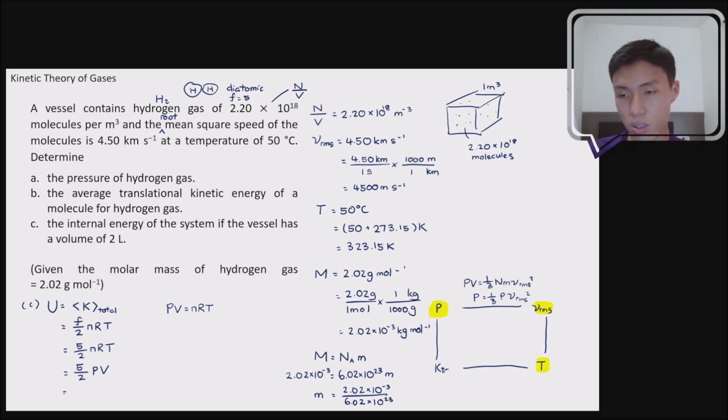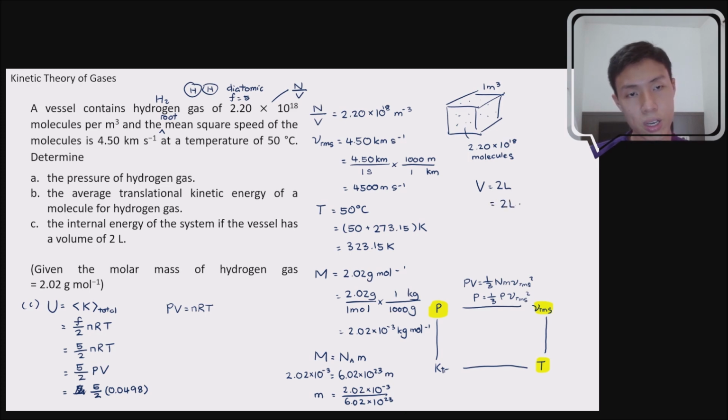is just substitution. So 5 over 2, and the pressure from question A is 0.0498. For volume, the volume given is 2 liters, and we have to change it into meter cube.